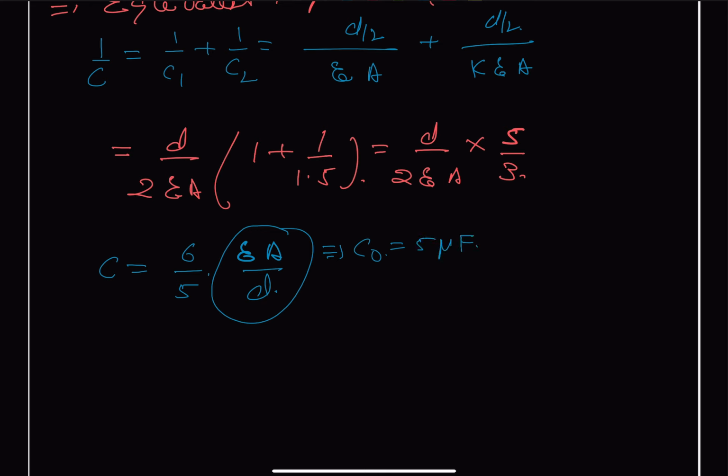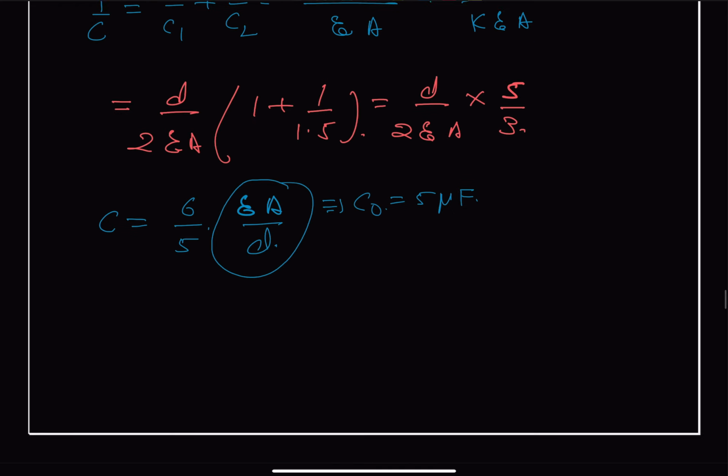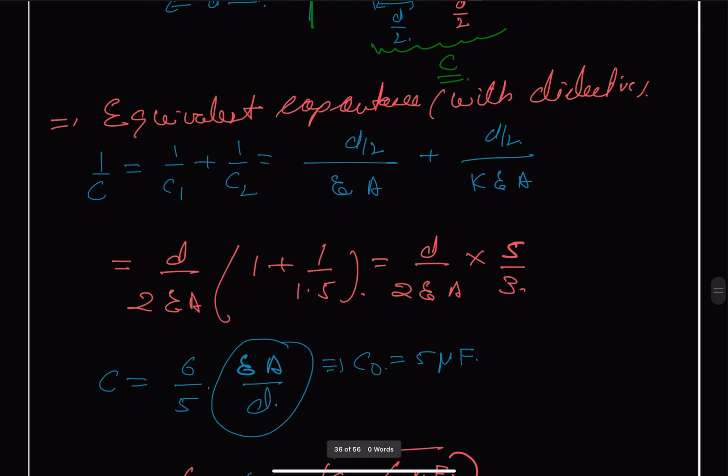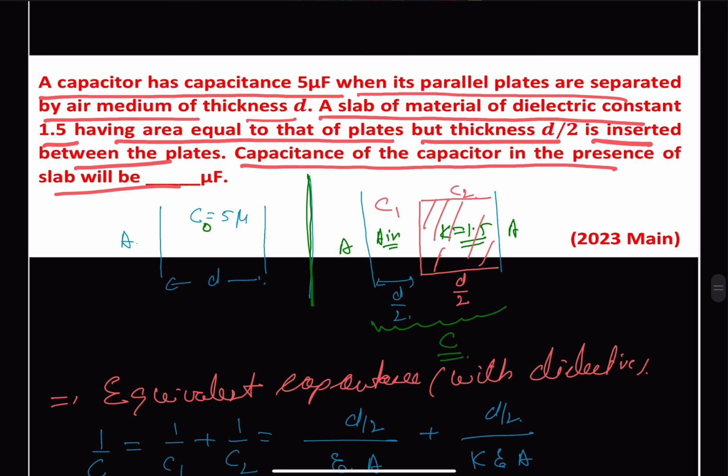So we substitute it, we get C is equal to 6 upon 5 multiplied by 5, the 5 and 5 go away, and we get C is equal to 6 microfarad. So we get the answer as 6 microfarad.